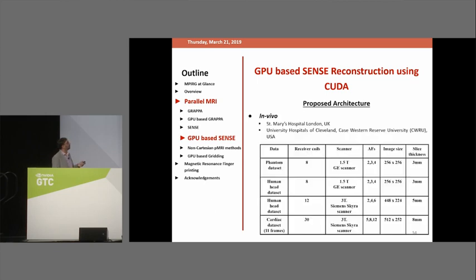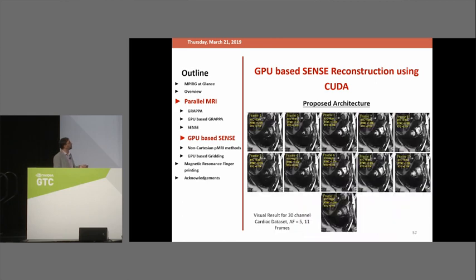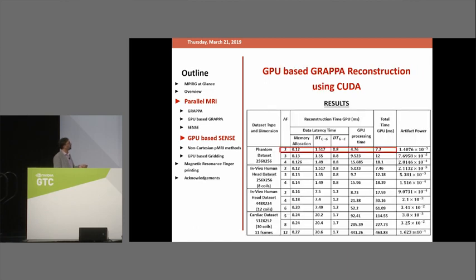So we tested the proposed architecture on different data sets, and the reconstruction results were perfectly the same for both. For all the results, this is the cardiac data set, and still the results were perfectly good. If you look at the computation times, for the phantom data set of size 256 by 256, the computation time for GPU was 7.2 milliseconds.